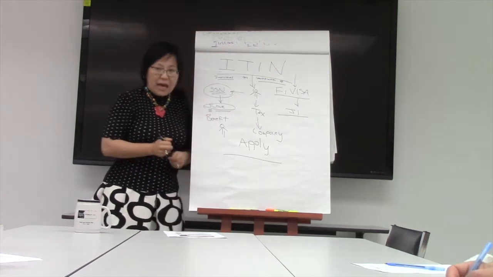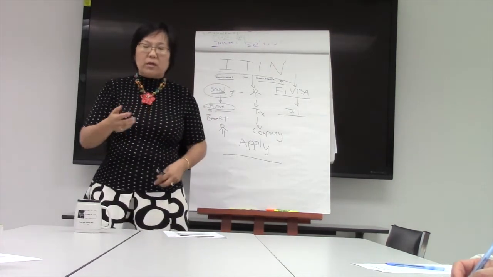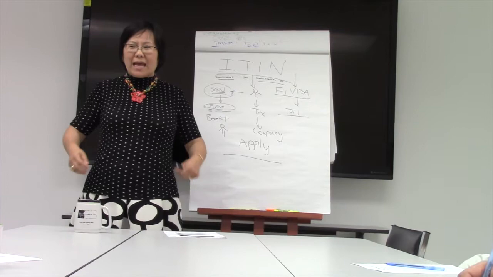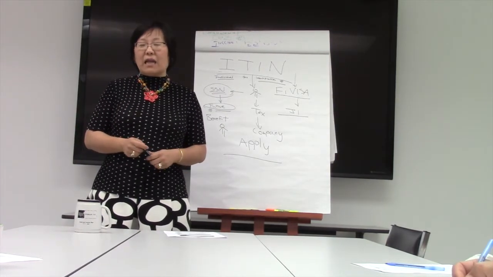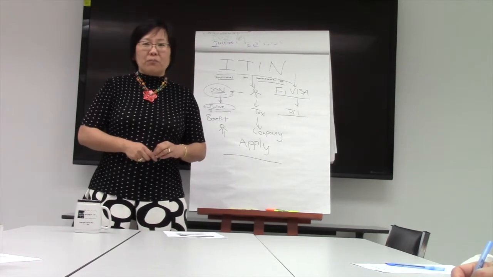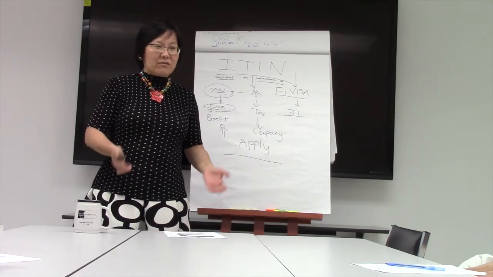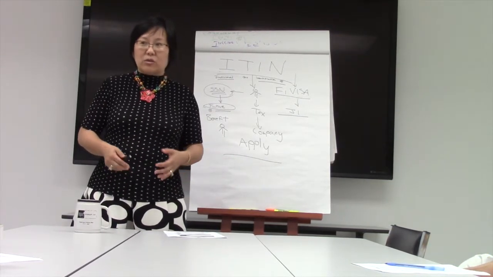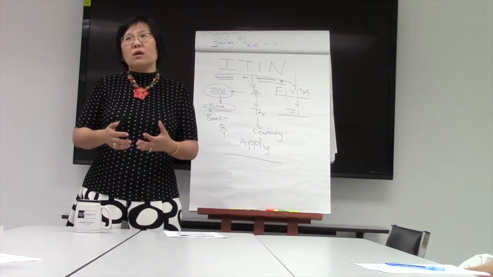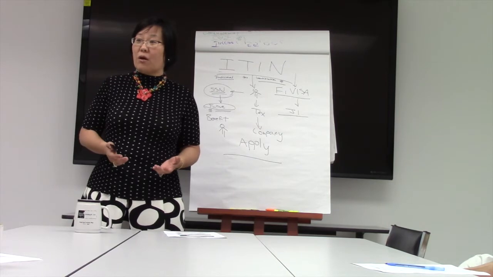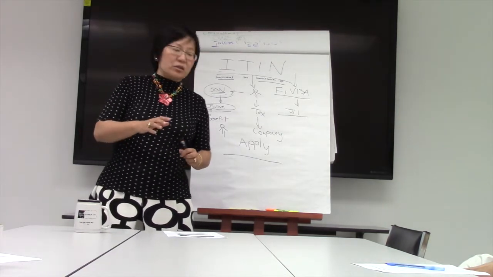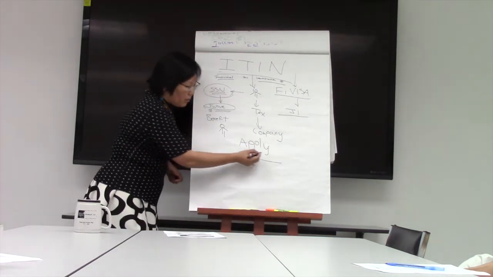When I apply for an ITIN, what do I say? How do I get an ITIN? I cannot say, oh, I come from Mexico, I don't have status, give me an ITIN. You can't. The IRS won't give you one because it's not their business how you came.